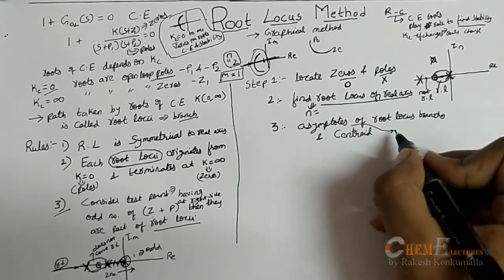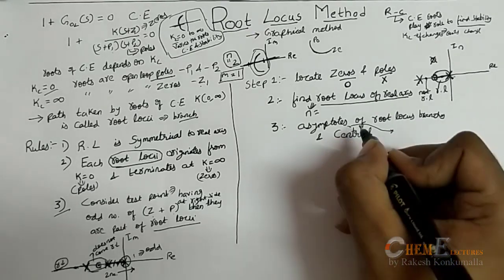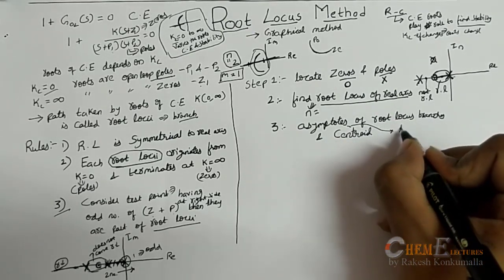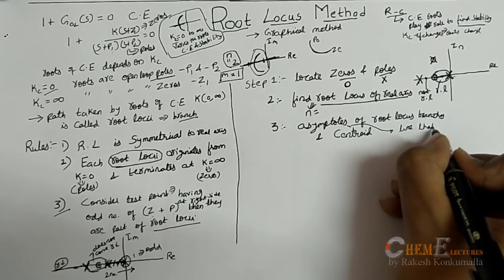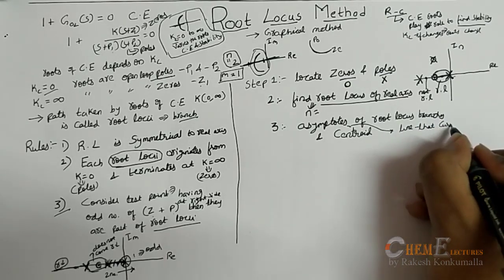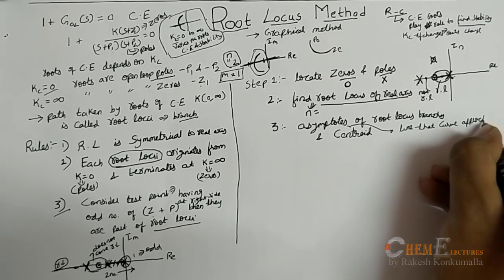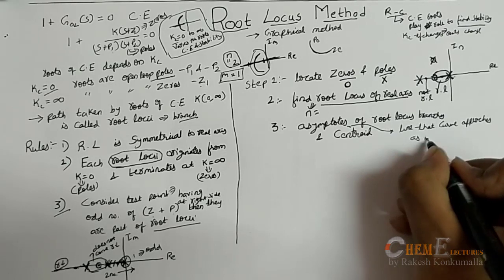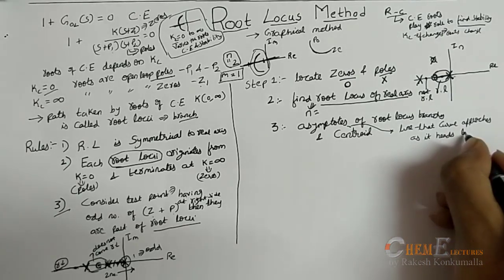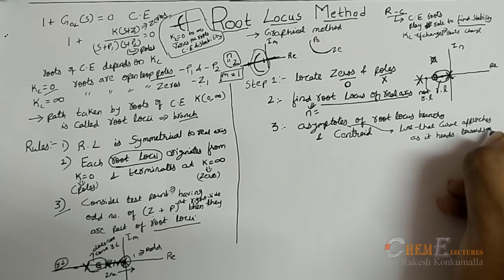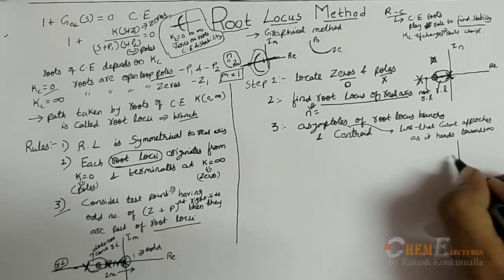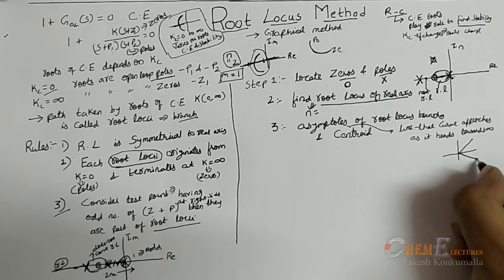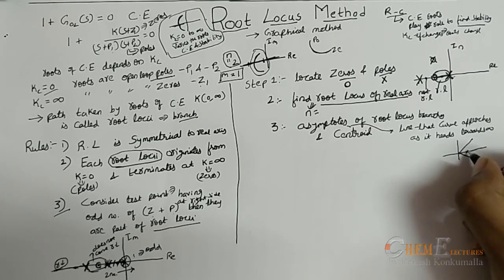I will just give a basic terminology of asymptote, which means that line that the real curve approaches as it heads towards infinity. Suppose these are my two asymptotes, then my curve approaches towards the asymptote when it is heading towards infinity. This is how an asymptote is defined.